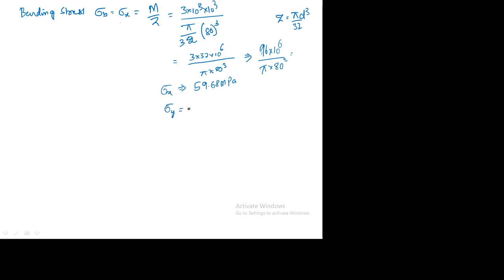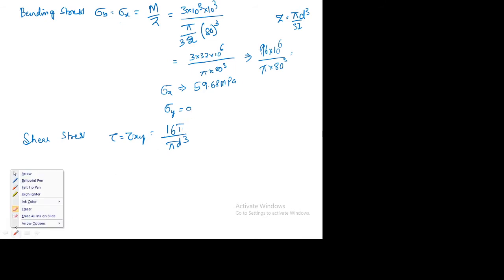Now sigma y is 0. So now let us find out the shear stress. So tau, that is tau xy, is equal to 16 T divided by pi d cube. You have all these standard equations in the data handbook, and you can directly copy them.